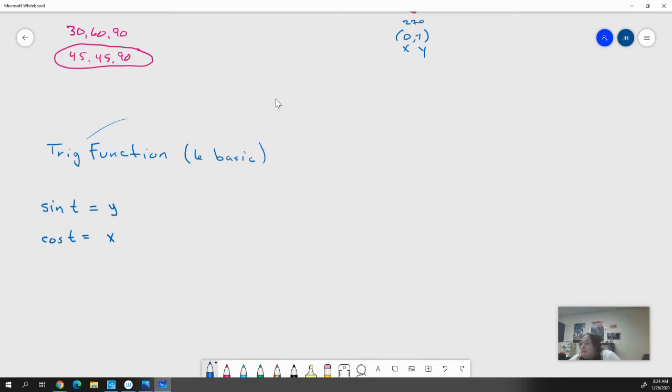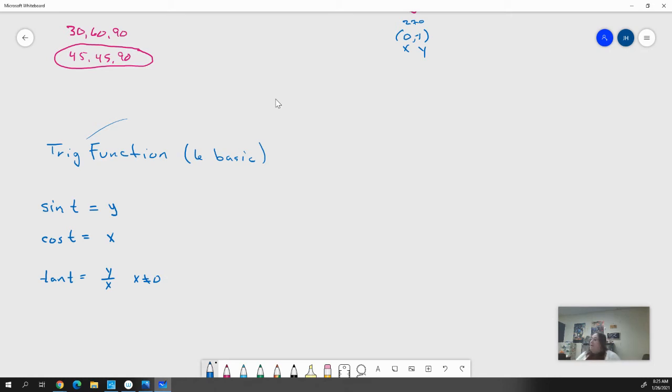Now, tangent, I don't know if you remember this from geometry, but tangent is sine over cosine, right? And so it would just be y over x in a fraction, right? And in this case, x can't be 0, right? Because we can't divide by 0.